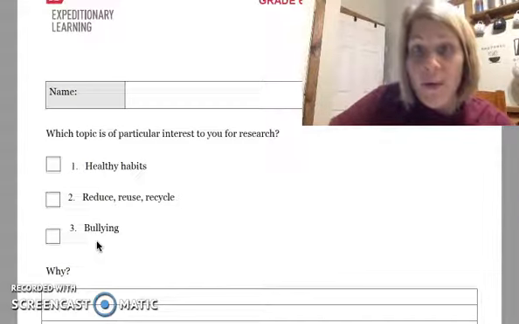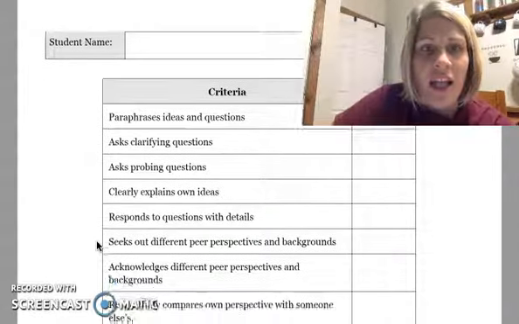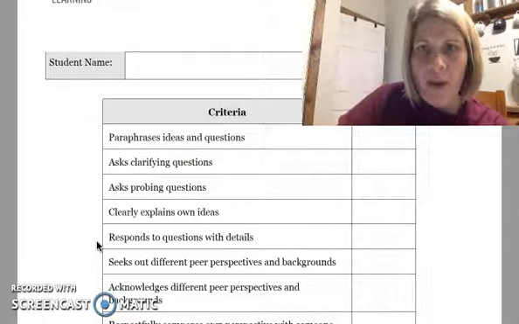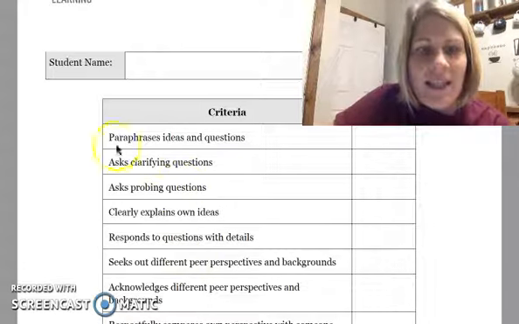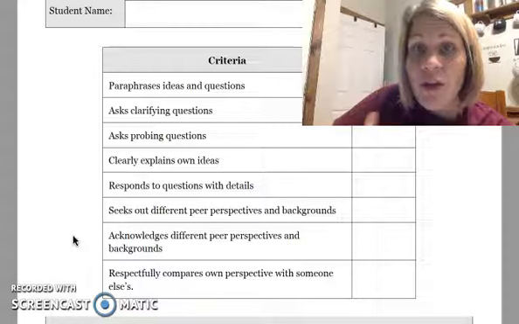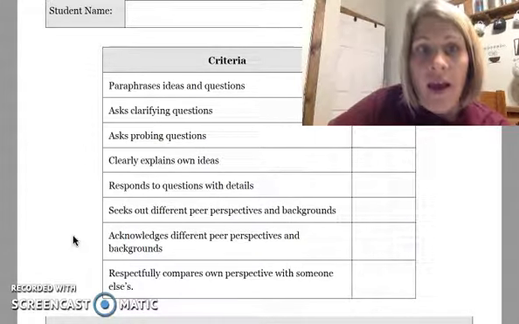So what we're going to do for this is you are going to practice having a discussion. And your discussion criteria, or how you're going to be judged or graded, or what you want to look for when you're discussing with someone, is these things. Okay, you want to see if you can paraphrase, put into your own words, ideas and questions.